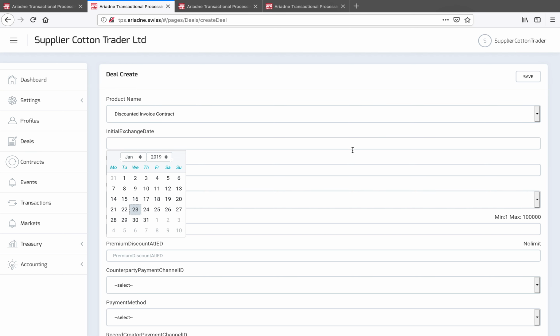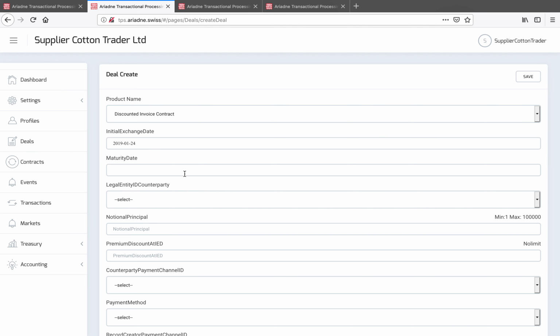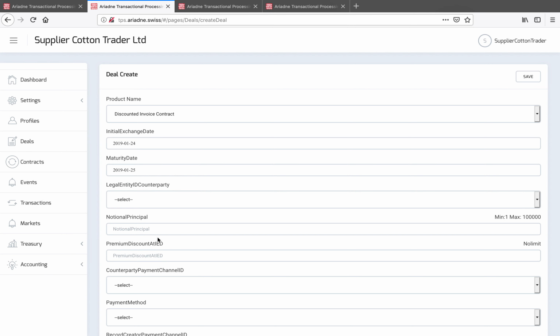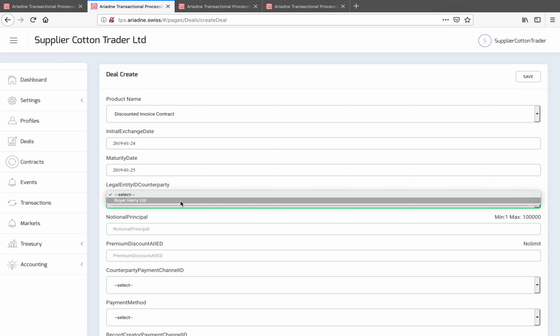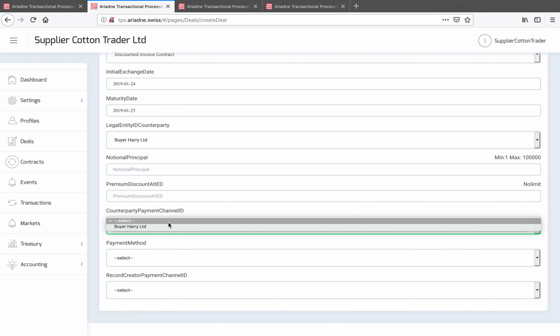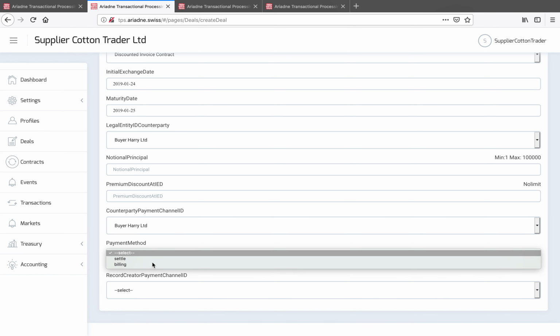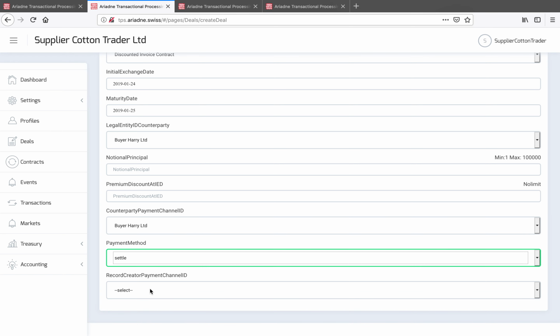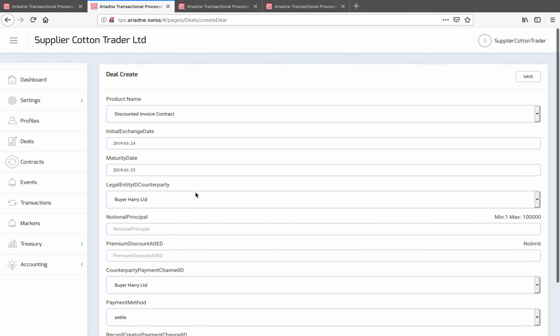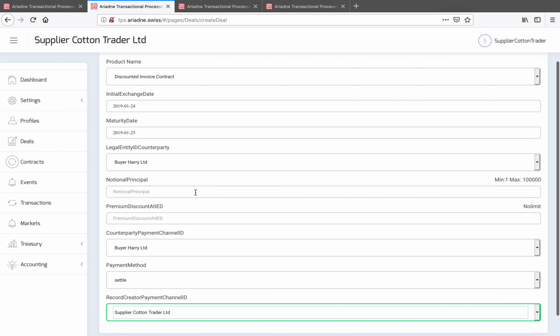The initial date or the initial exchange date is the date on which the contract is created. The maturity date is the date until which the contract offered remains valid. The contract here is between the legal entity counterparts Harry Limited, who is the buyer, and the legal entity record creator Cotton Trader Limited.